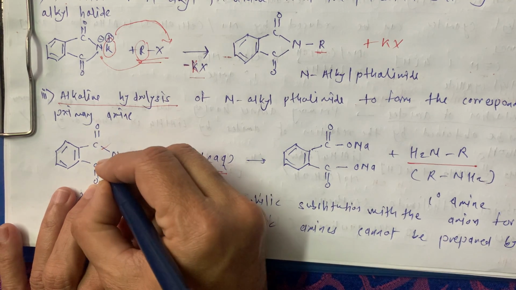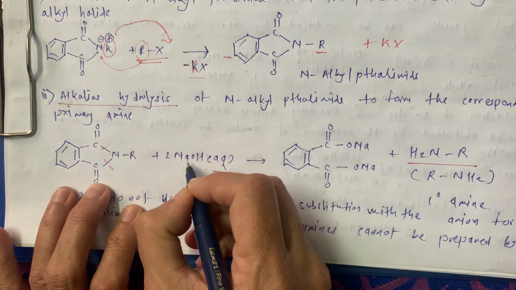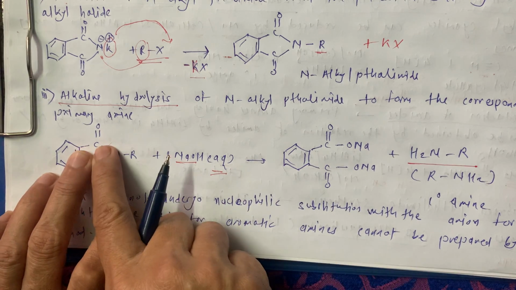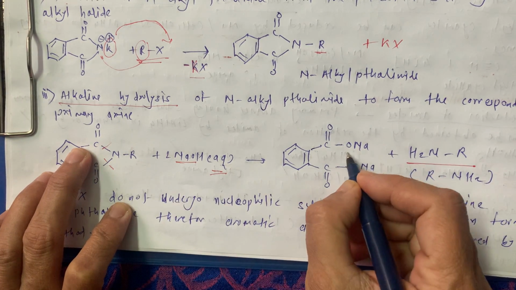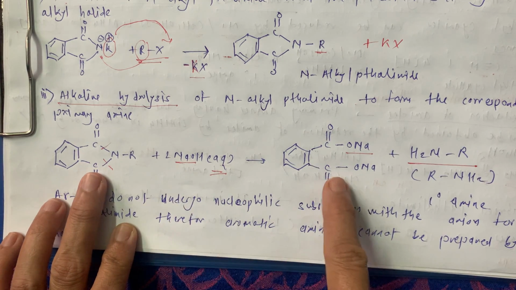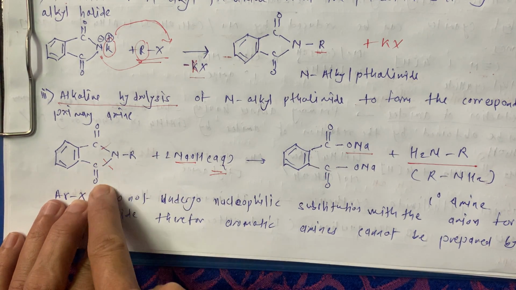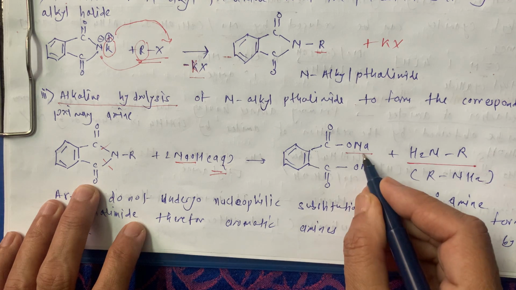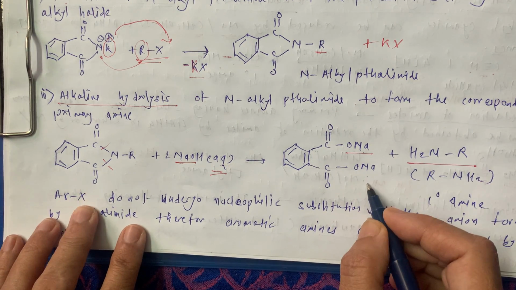When N-alkyl phthalimide is treated with this, there is a breaking of bond like this, and ONa is attached to this carbonyl carbon. Another ONa is attached to the other carbonyl carbon. So now this is ONa like this.